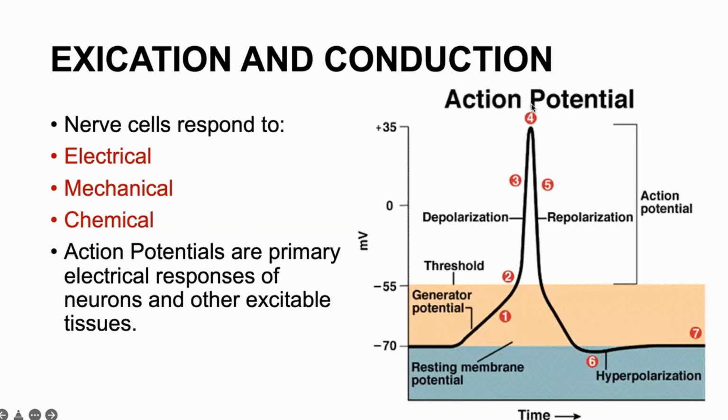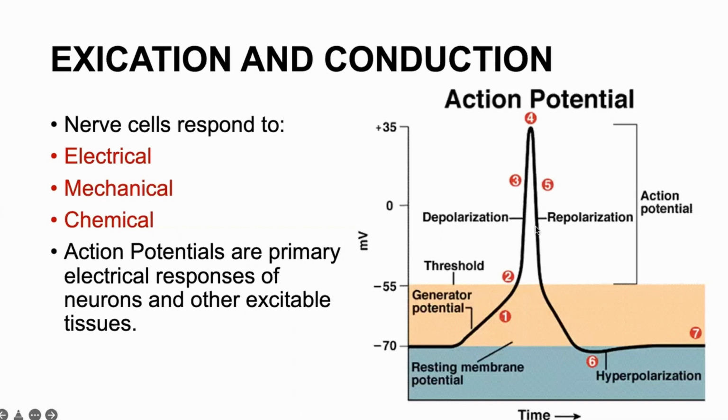Once the action potential is carried out, you don't need the sodium rushing into the cell anymore. So the voltage-gated sodium channels will eventually become inactive. That will cause a closure of the sodium voltage-gated channel and repolarization.